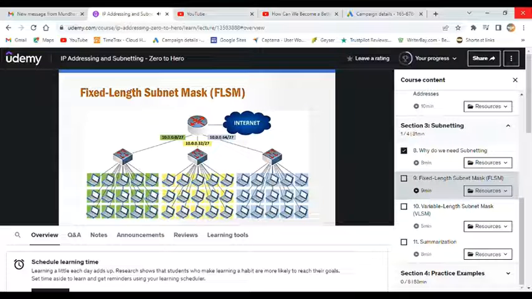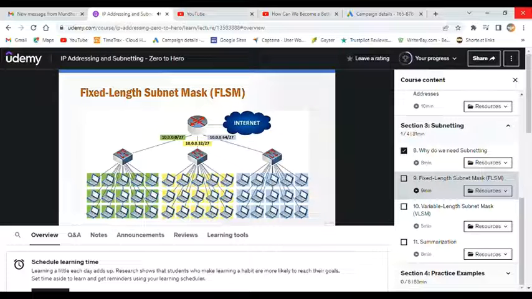So each of these networks, each of these subnets, needs at least 18 different IP addresses. If we use /27, that means we'll get 32 IP addresses per subnet. How did I get that number?